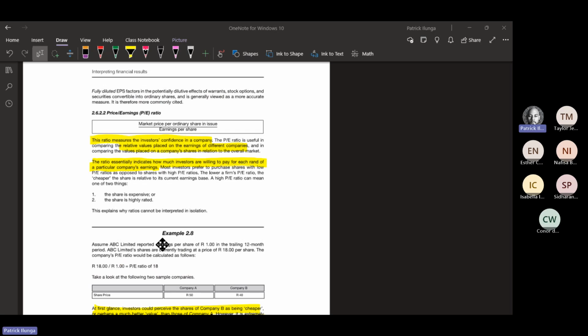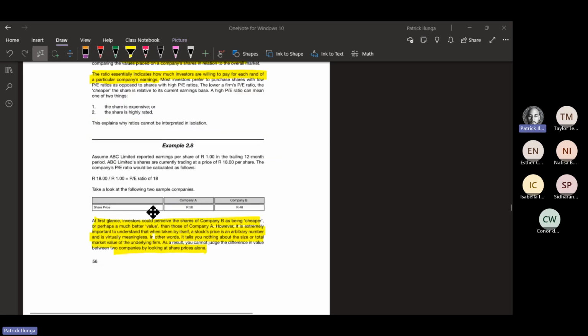All right. Are investors willing to pay? See again what I'm showing you. Very important here. Are they willing to pay for each rand that a company is earning? How much are they willing to pay? So if we look at this quick example here, we can see that investors are willing to pay 50 rand for the earnings of company A. Company B, they are willing to pay 40 rand for 1 rand of earnings per share.